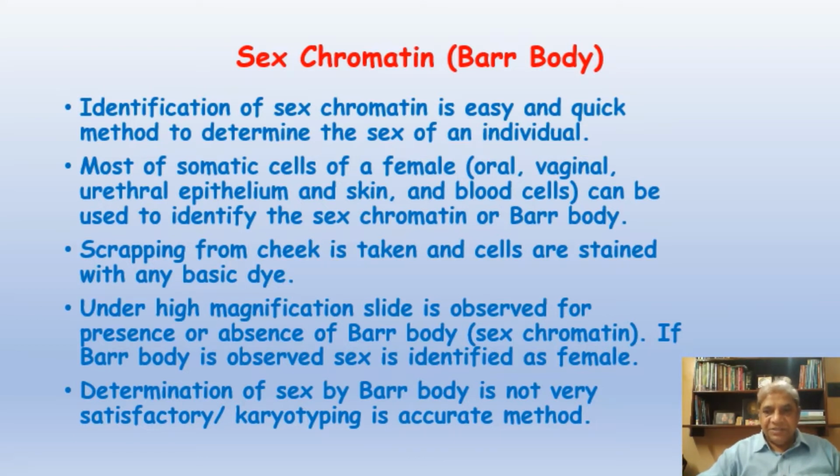There will be drumsticks in the blood cell. So these are the somatic cells where you can very quickly identify the presence or absence of the Bohr body, and these are used to identify the sex chromatin.